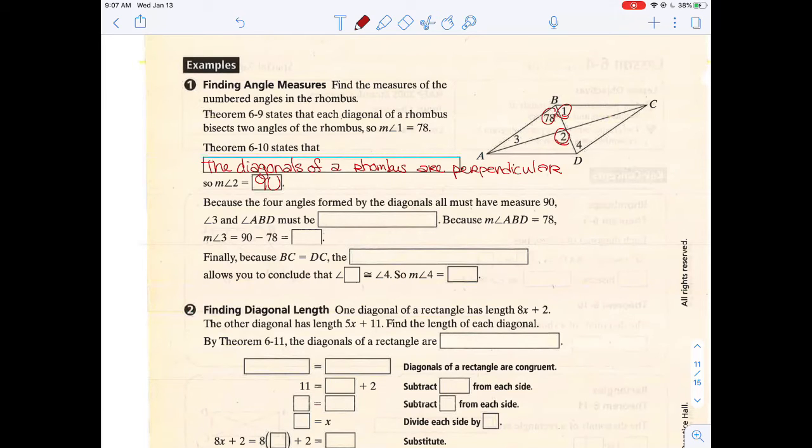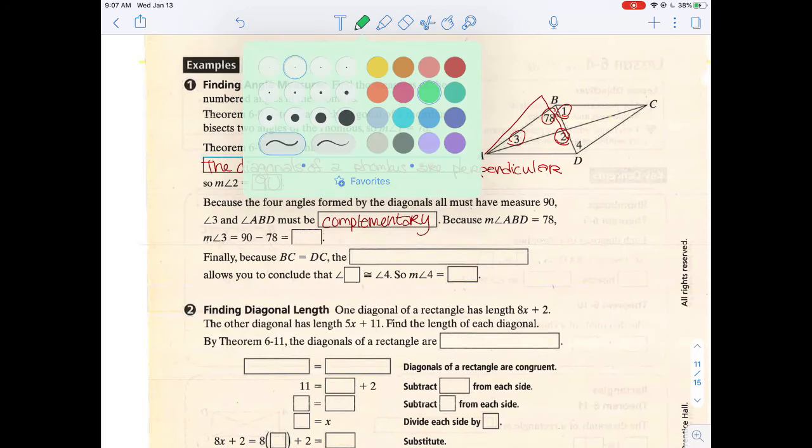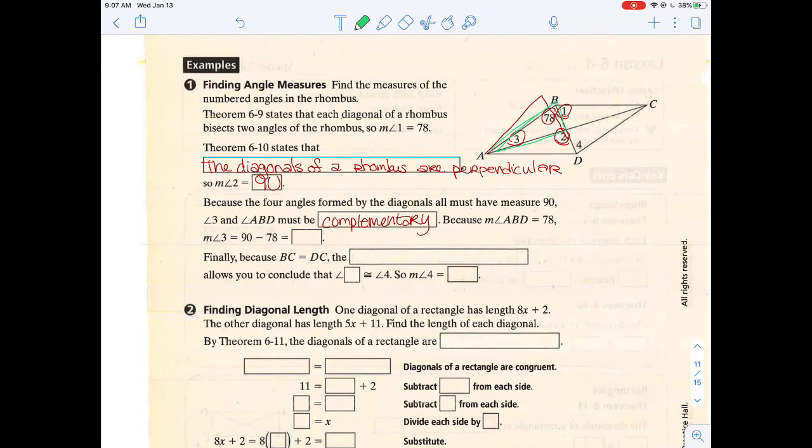Because the four angles formed by the diagonals must all have the measure 90 degrees, angle 3 and angle ABD must be complementary. Because if we look at that as a triangle, we know all the angles in the center are 90 degrees. So that means there's only 90 degrees left for these other two angles.